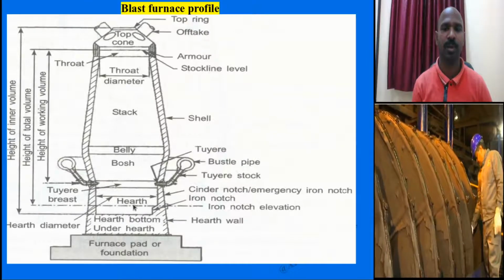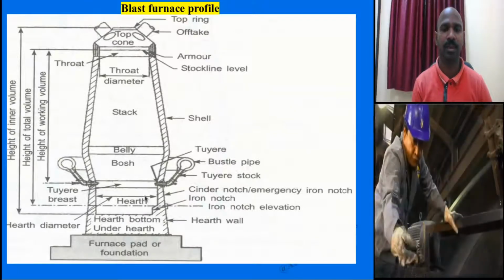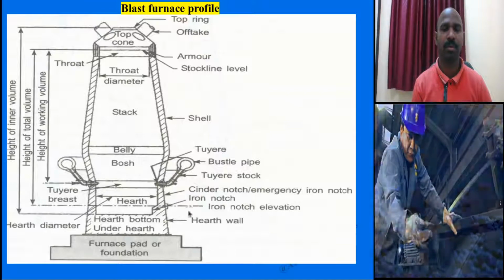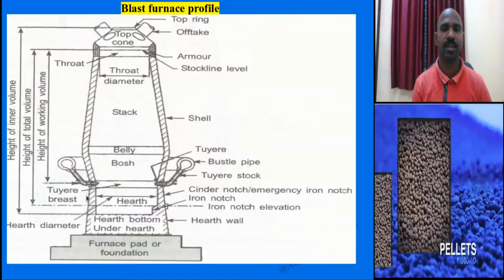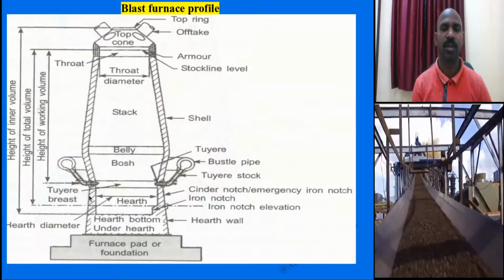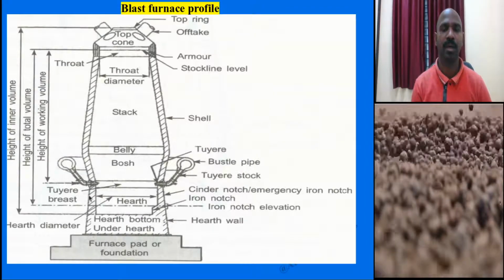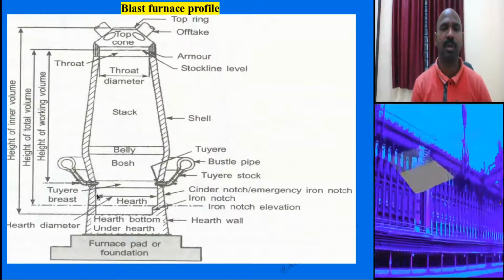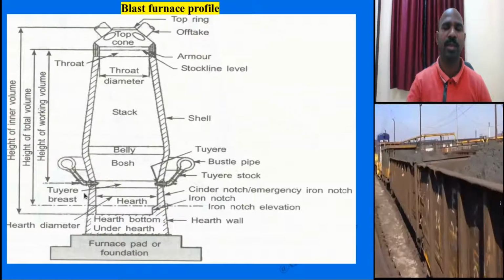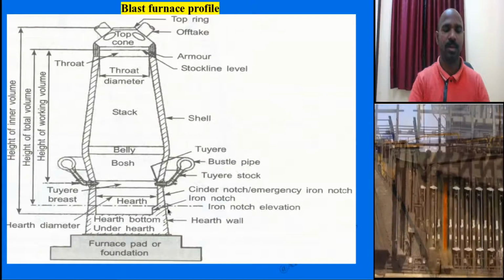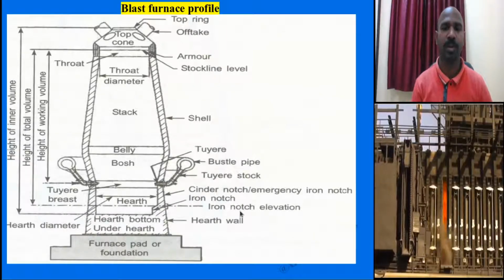And this bottom part is the hearth, from which the molten pig iron can be taken out. From the other tap hole, the molten slag will be taken out. The molten slag tap hole will be at the top because the density of slag is lower than that of the hot metal, the pig iron. That is why it will be here, and the pig iron notch, or tap hole, will be at the bottom side.